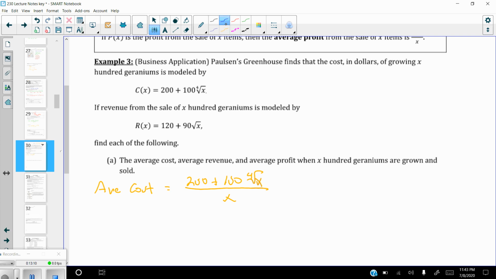We want to find the average revenue. That's going to be the revenue function divided by X. Then if we want to find the average profit, all we're going to do is take the average revenue and subtract the average cost.